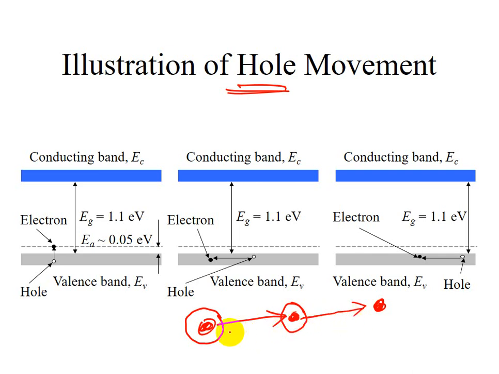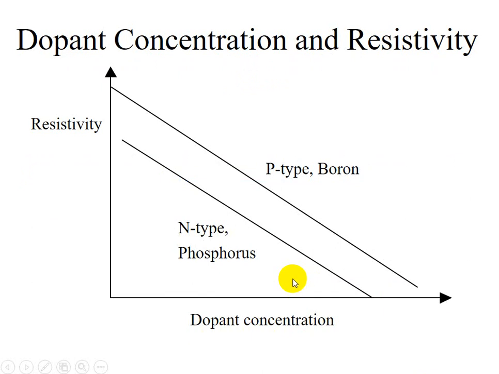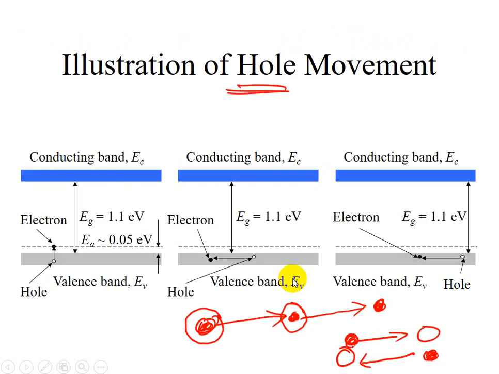So actually, when an electron moves to a hole, this becomes an electron and this becomes a hole. They exchange position, so electron movement is quite similar to hole movement. The movement of a hole is a concept like electron moving.